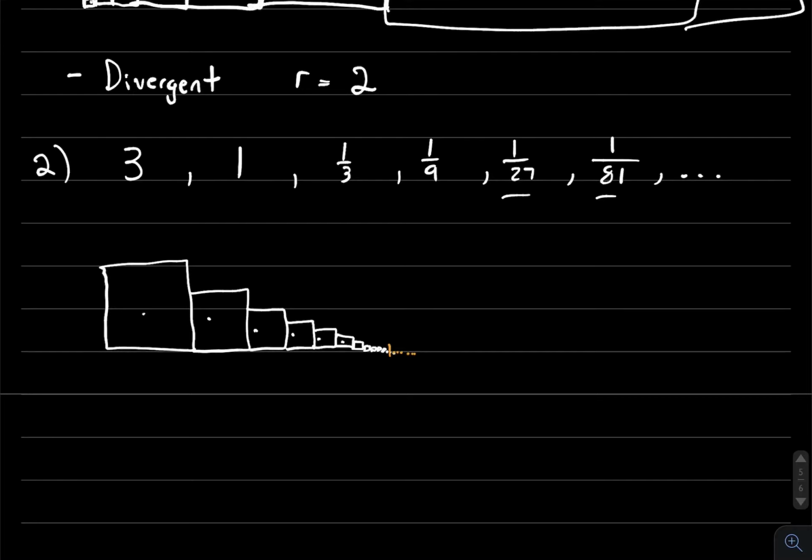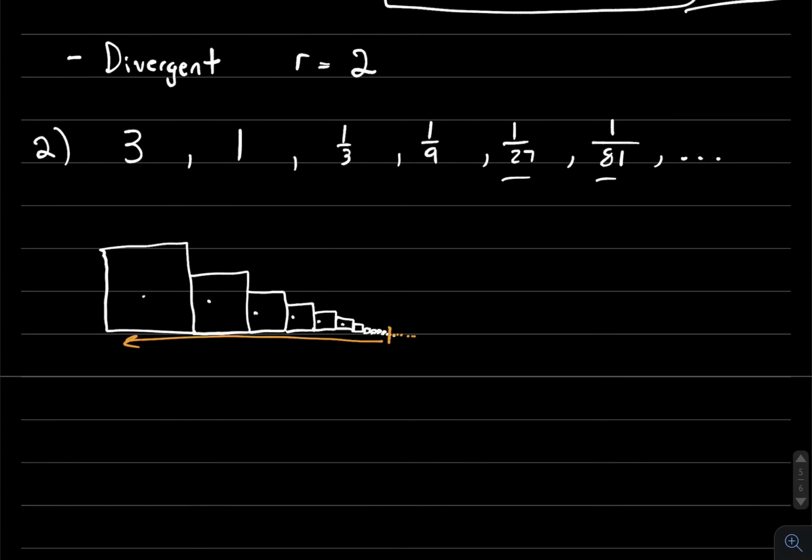Since they're getting so small, we can basically ignore their size, stop counting at some point here, just add up all of the things before and say that's the sum of all of them. So we can approximate. Since we can approximate what the actual value of the sum to infinity is, we would say that the sum to infinity exists.